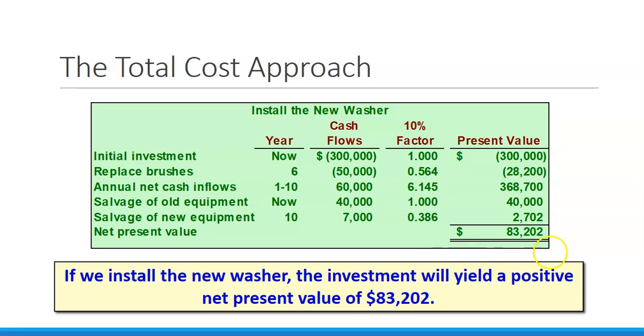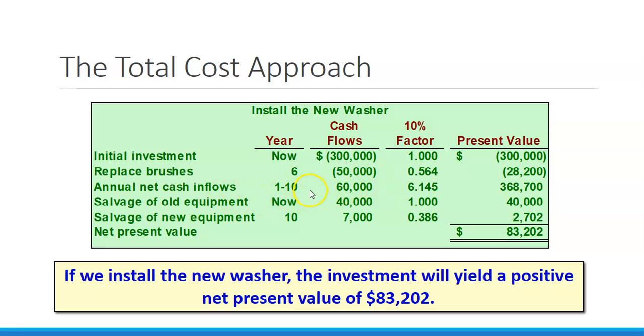So we're going to look at this if we install the new washer. We have the initial investment of $300,000. Then at year 6, we have an outflow of $50,000 when we install the new brushes.